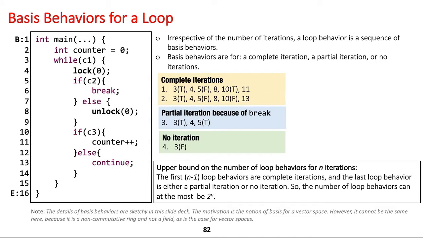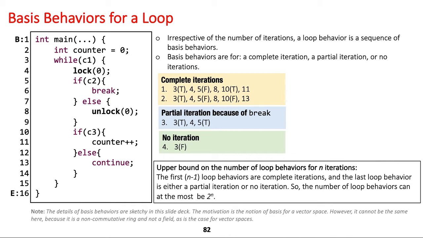Before we go to the CRB, the compact representation, let's introduce the idea of basis behaviors for a loop. This would make it easier to understand the solution that we get and how to think about loop behaviors.